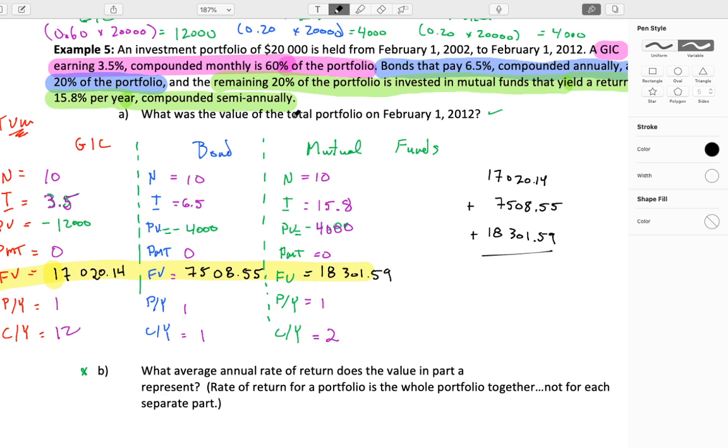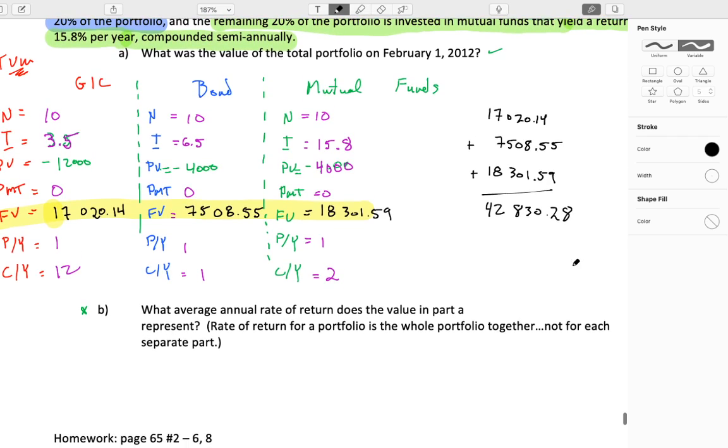Now let's keep in mind the value of the total portfolio at the end of the 10 years. If I add up all the future values, I'm getting $48,830.28.